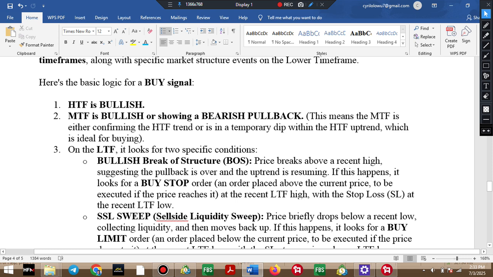So it's going to check that the reversal or this pullback or this trend on the MTF, which is the middle time frame, is in line with what the higher time frame is doing. Even though it's on pullback, it is still in line. It does not go below the swing point of the higher time frame. So it's going to check all that info before it gives you any signal.